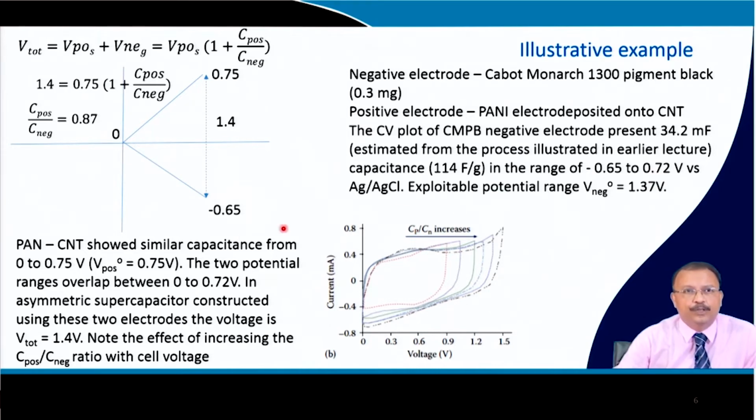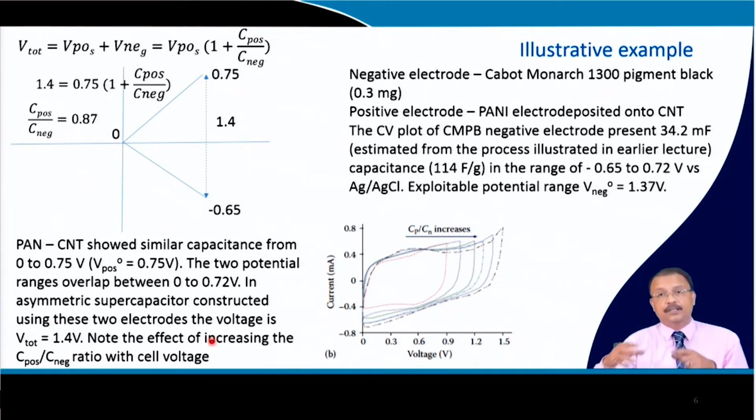So, these two potential ranges, 0 to 0.75 and minus 0.65 to 0.72, overlap in the range from 0 to 0.72 roughly. So, one can construct a supercapacitor, taking the effect of the two voltage regimes.